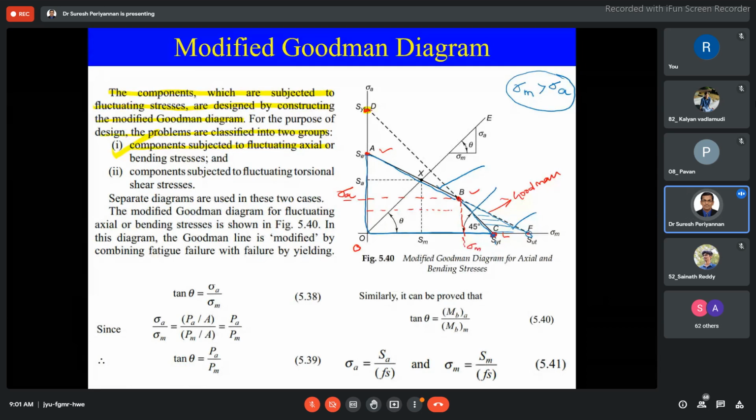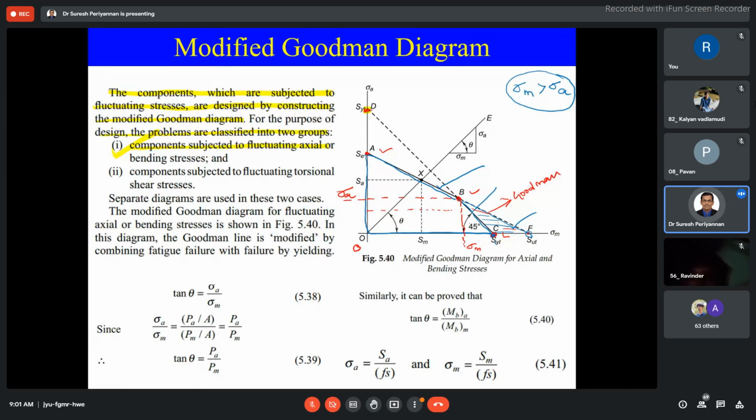Now sigma mean is greater than sigma A. This is the Goodman line, but when sigma mean is greater than sigma A, we are under yielding as well as beyond this region. We are moving away from the safe region. Hence, we mostly try to avoid this situation.